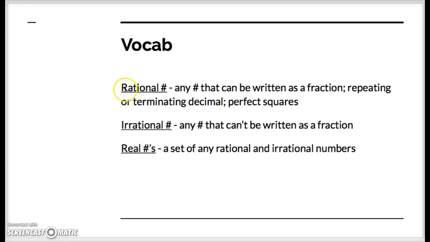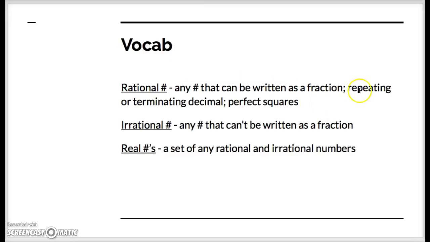First one we're going to talk about is what's called a rational number, and we mentioned this a little bit in the last lesson, but a rational number is basically any number that can be written as a fraction. So obviously if it's a fraction, it's going to be rational. Any whole number, like the number 5, you can write it as 5 over 1, so since it can be written as a fraction, it's going to be rational.